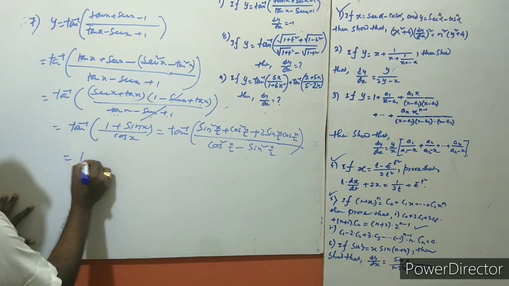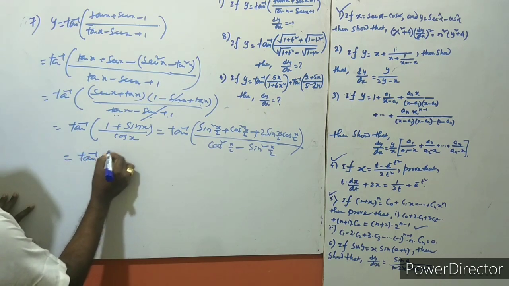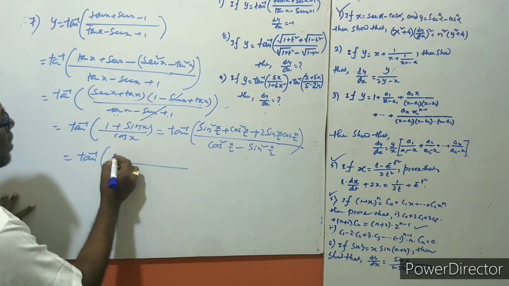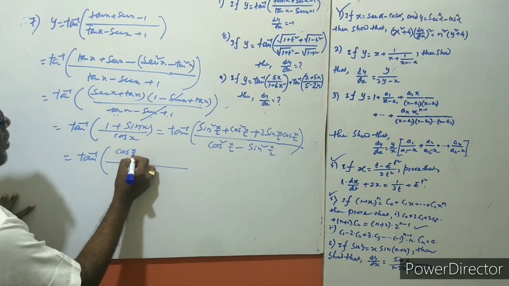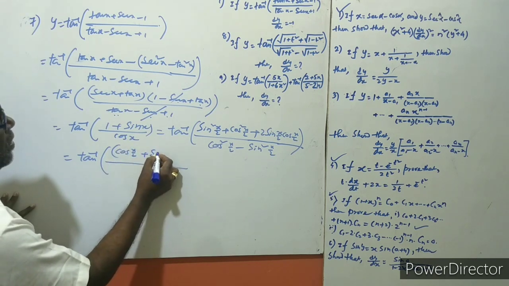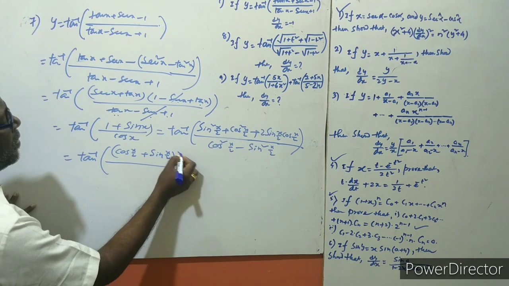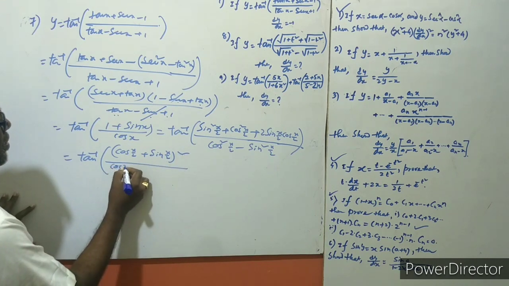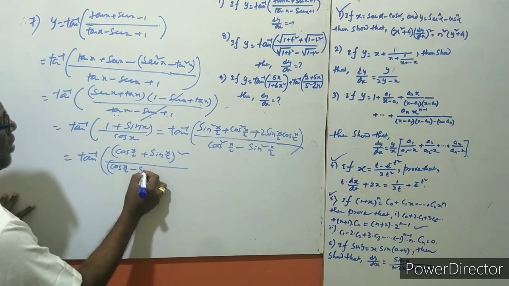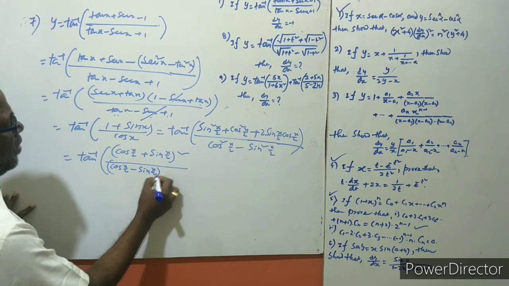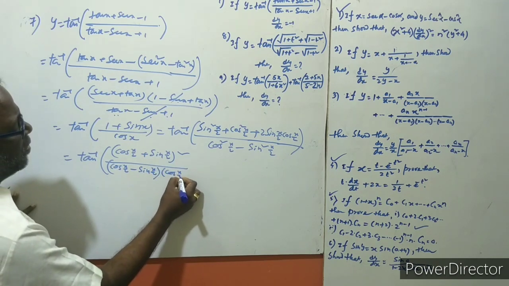So that is equal to tan inverse of cos x by 2 plus sin x by 2 whole square over cos x by 2 minus sin x by 2 times cos x by 2 plus sin x by 2.